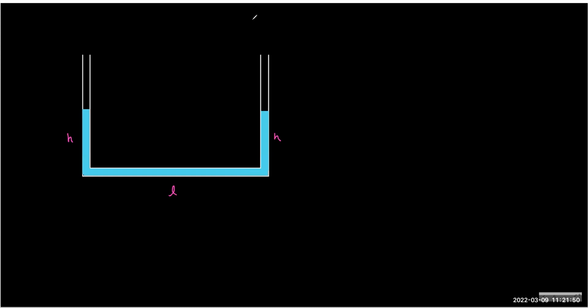After some time, when this tube is accelerated horizontally, the liquid level will no longer be like this. It will rather become slant, something like this. It will fall in one column and will rise in the other column.